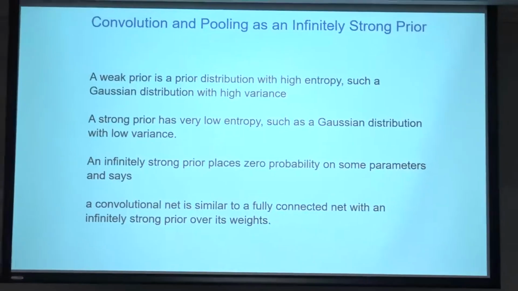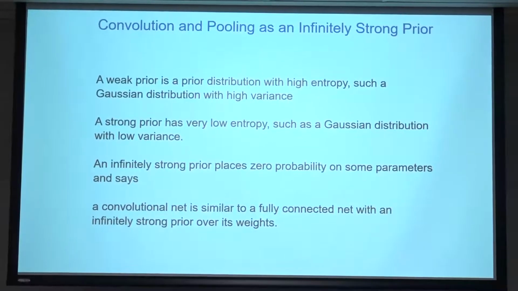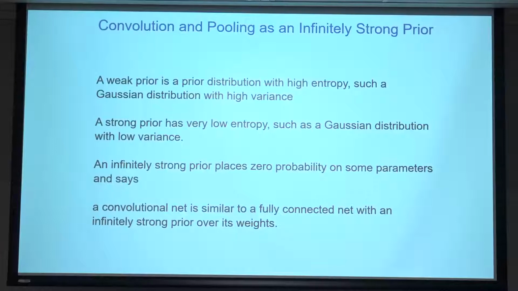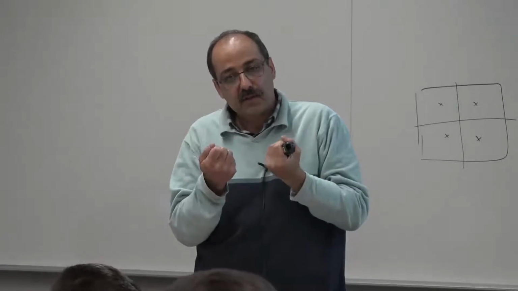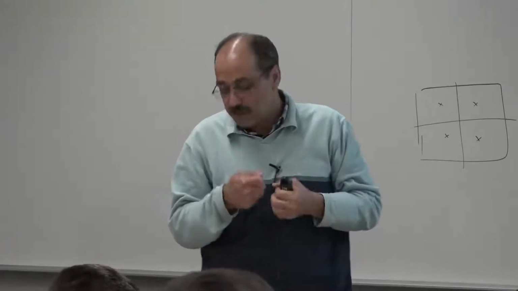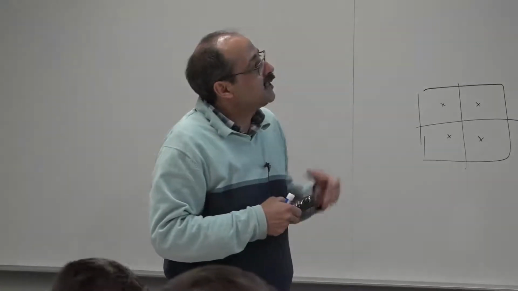So we talked about the relation between feed-forward neural network and convolutional neural network. And we learned that a convolutional neural network can actually be seen as a feed-forward neural network that is not dense, it is sparse, and some of the parameters are tied. We share parameters. So it can be explained in terms of priors.